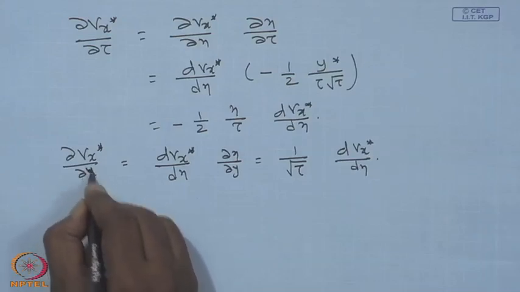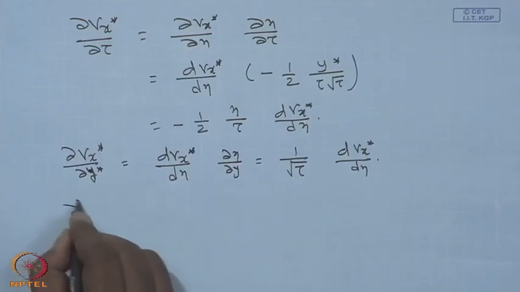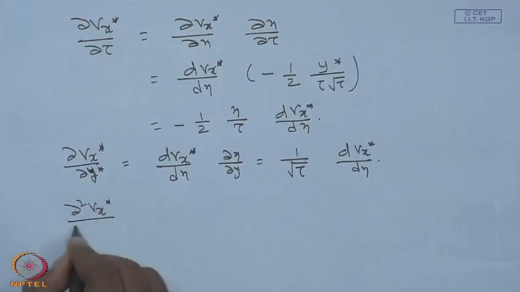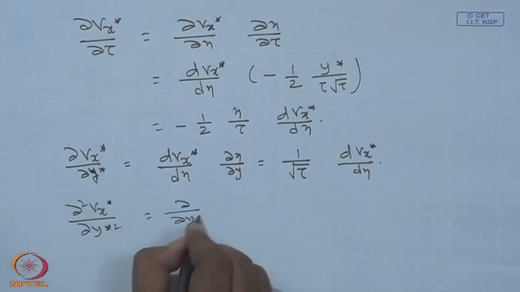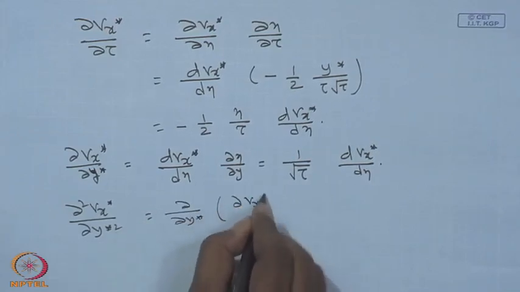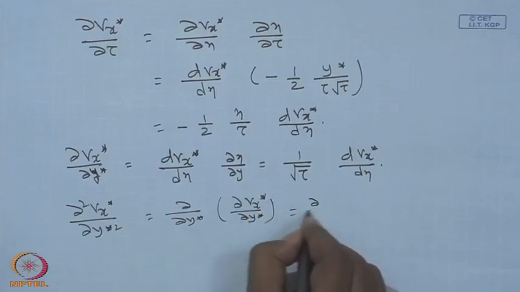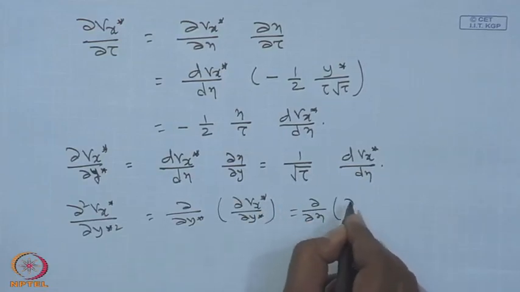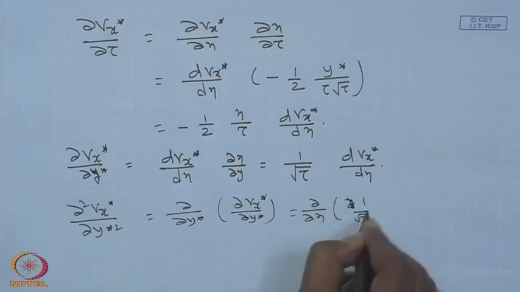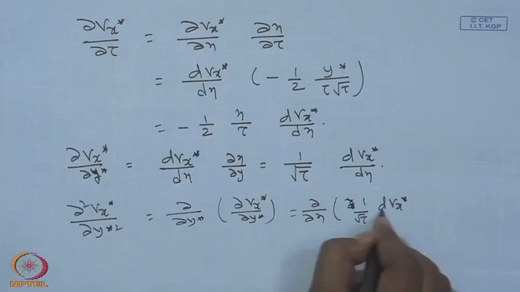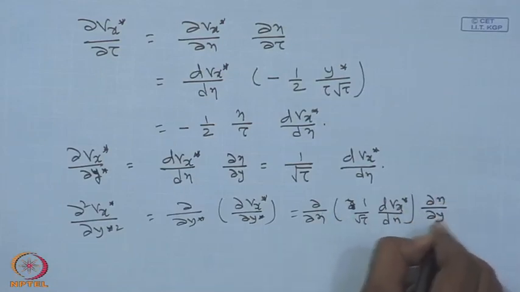So, this is del v x star del y star. We do the second derivative, one more derivative of that, del square v x star del y star square. So, this is nothing but del del y star of del v x star del y star. So, del del eta of del v x star del y star, we write this expression as 1 over root tau d v x star d eta del eta del y star.